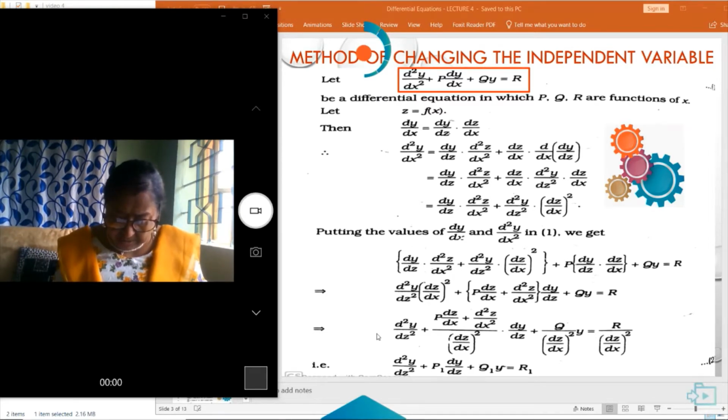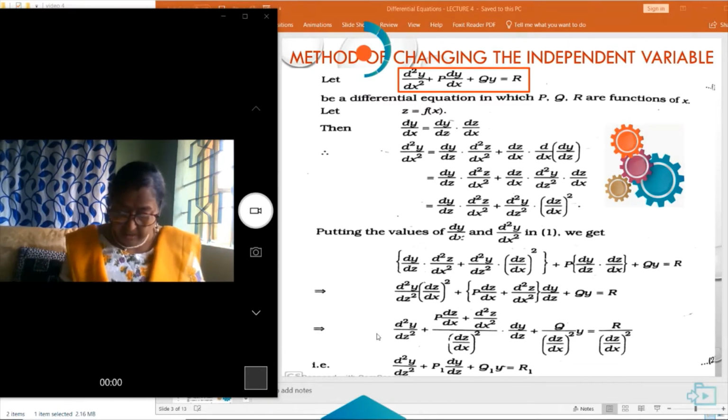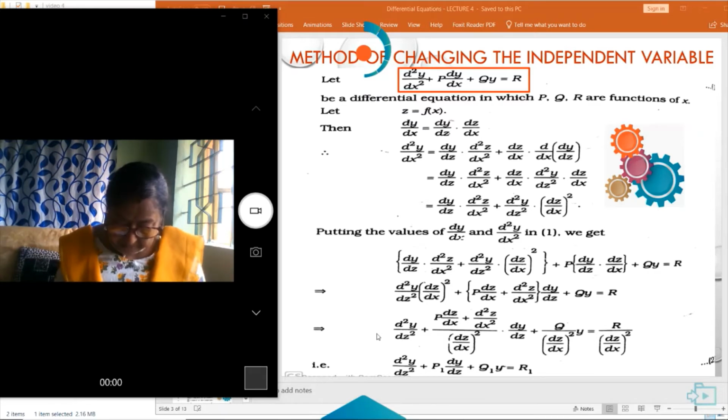So, putting the values of dy by dx and d2y by dx square in the original equation number 1, we get d2y by dz square plus p1 dy by dz plus q1 y is equal to r1, where p1 and r1 are as shown on your screen.